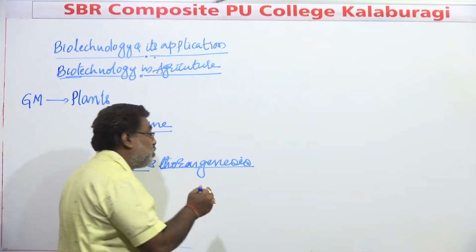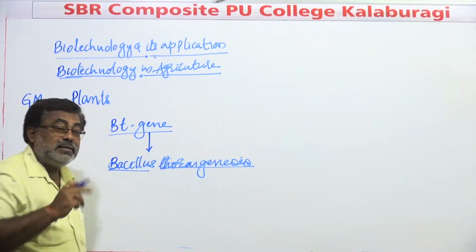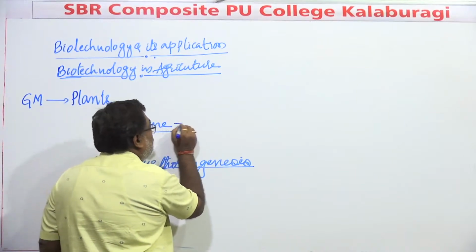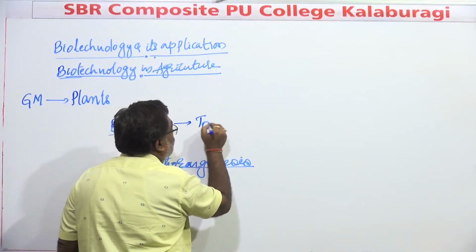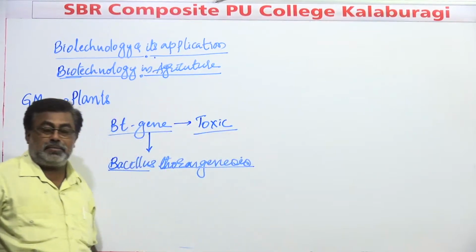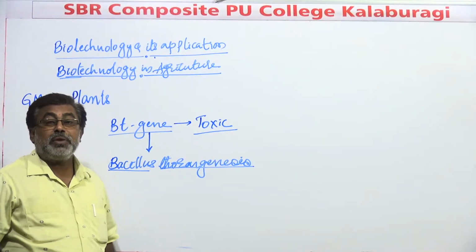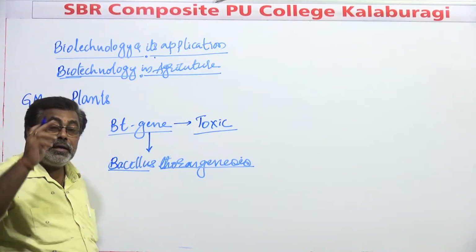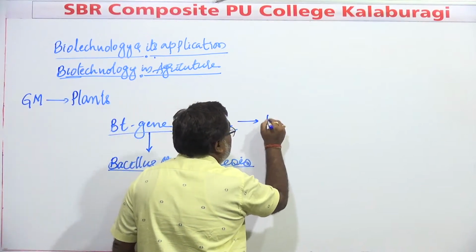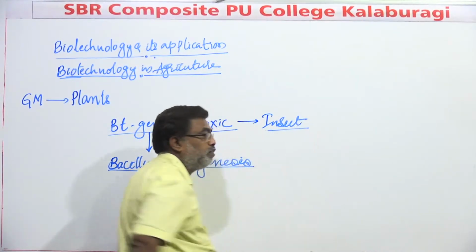So this Bacillus thuringiensis contains the gene called the BT gene, and this BT gene will produce a toxic substance, and this toxic substance will kill the insect.